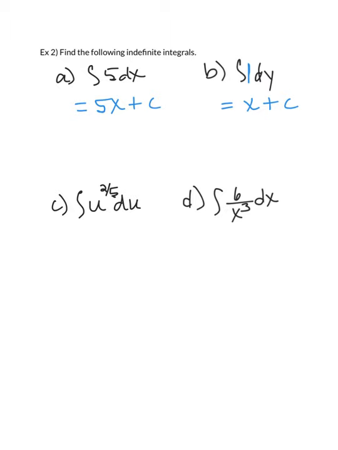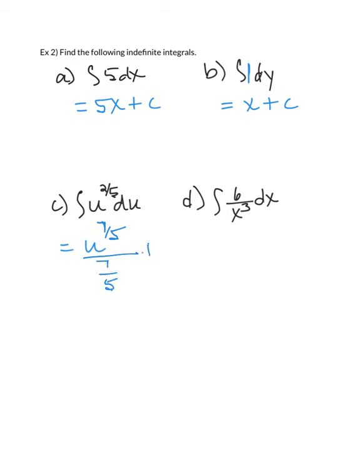On c, we are just going to use the power rule for integration. Our rule says that you add 1 to the power. 2/5 plus 1, or 2/5 plus 5/5, will give us 7/5, which we have to put over that new power now.